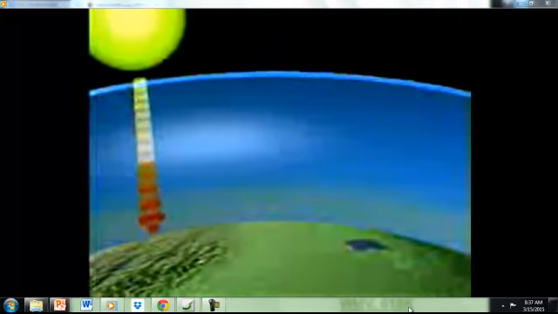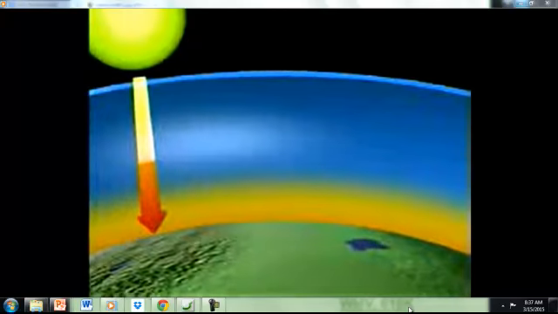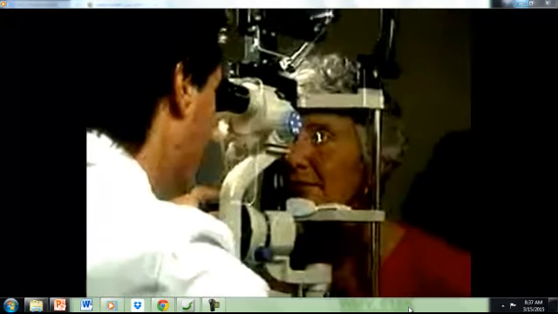Man-made chemicals that damage the Earth's ozone, allowing even more ultraviolet radiation to strike us. For someone your age, you have a little more freckling than I'd like to see. Are you wearing some protection on your nose? UV rays are a danger not only to our skin, but also to our eyes. UV exposure can increase your risk of going blind, as it can cause cataracts and macular degeneration.